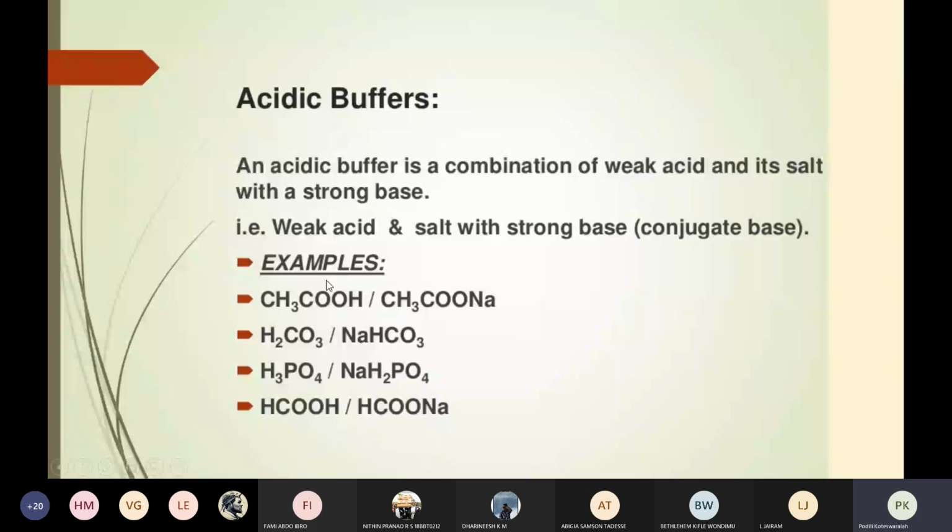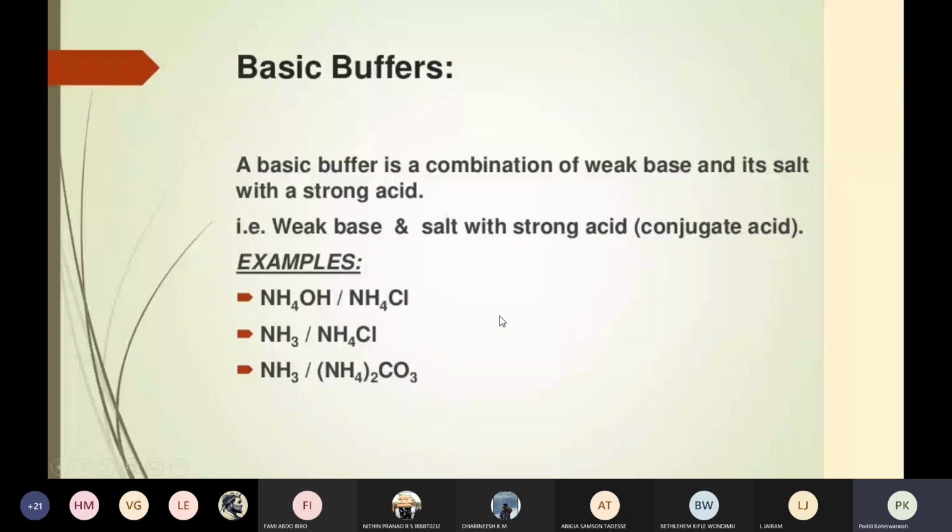And as I already said, there are different buffers. They are mainly classified into acidic buffers and basic buffers. The acidic buffers are composed of a weak acid and its salt with a strong base. For example, acetic acid and sodium acetate, H2CO3 and NaHCO3, H3PO4 and NaH2PO4, and HCOOH and HCOONa. So a weak acid and its salt with a strong base.